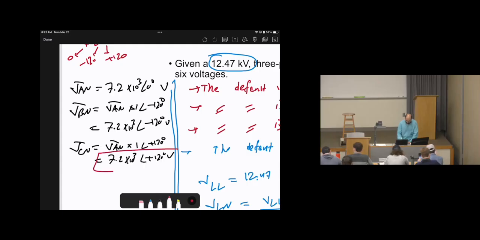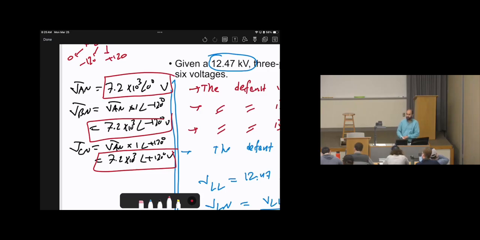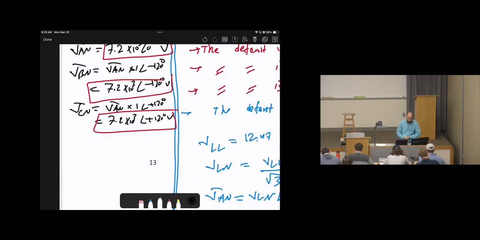So these are the three voltages. I calculated the first three voltages, which are the three line to neutral voltages. The next thing, since I need to have the six voltages, I need to calculate VAB, VBC, VCA. How to calculate VAB? You have the general formula, which is VAN minus VBN. That's one way.